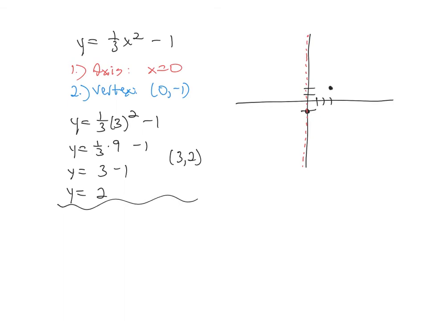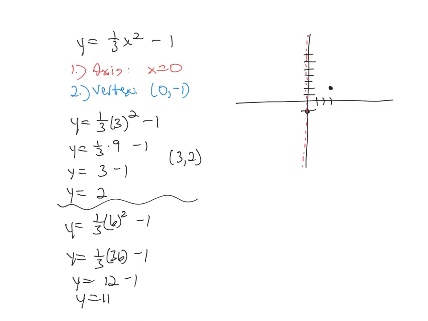Then what's the next bigger number that you can divide with 3? 6. 6 to the second power is 36. Yikes. And 36 divided by 3 is 12. Minus 1 is 11. So it's way over there.